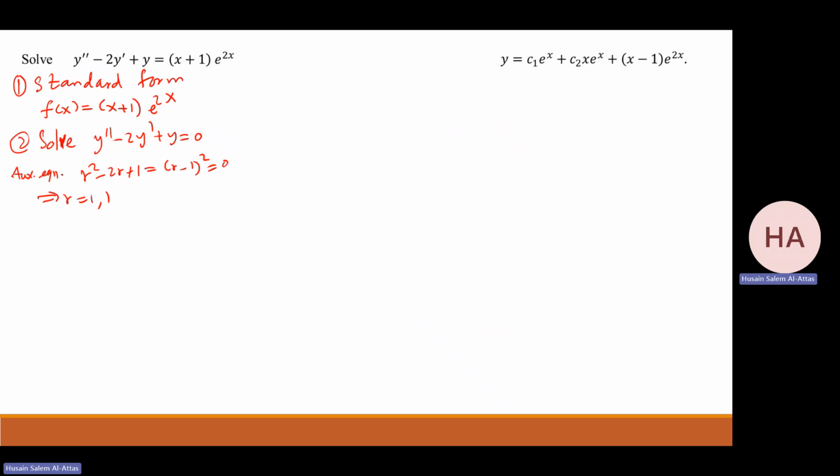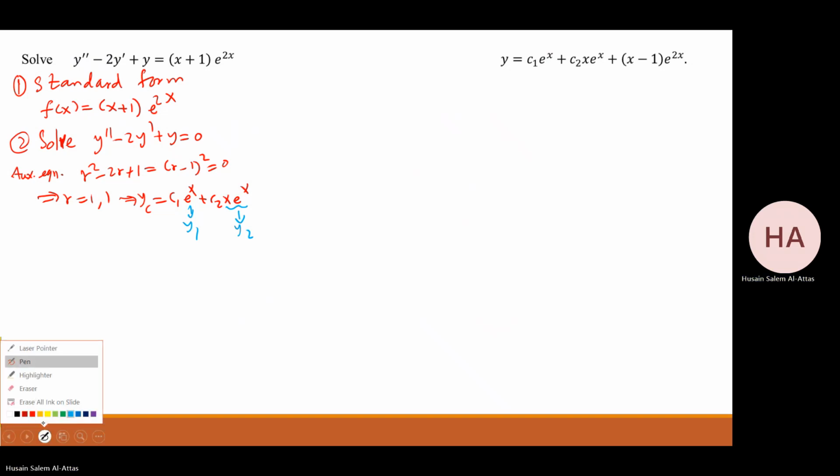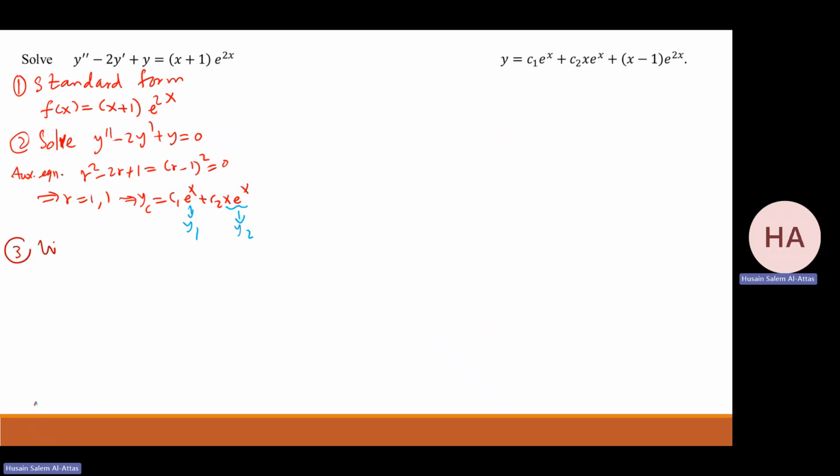So what is yc? c1 e to the power x plus c2 x e to the power x. Be careful here. This is y1, and this is y2. This is what I need from this step. Now I do the third step, which is the Wronskian of y1 and y2.